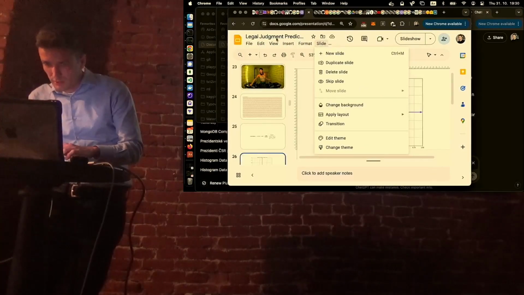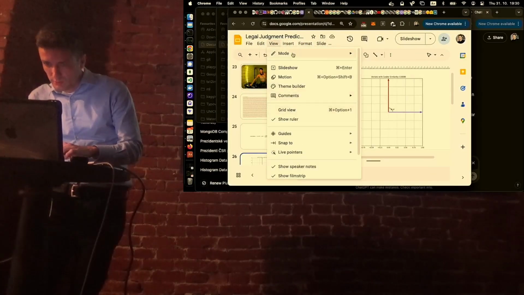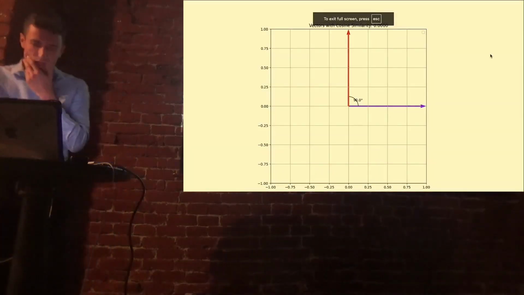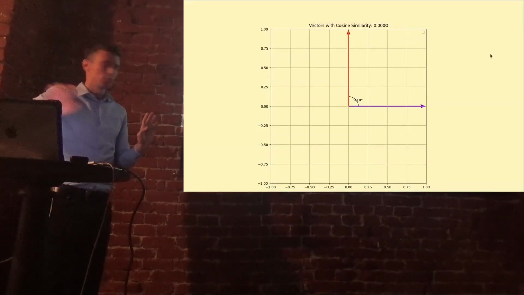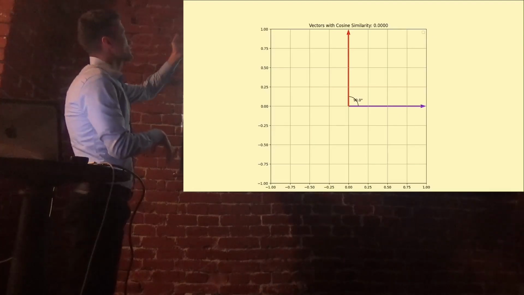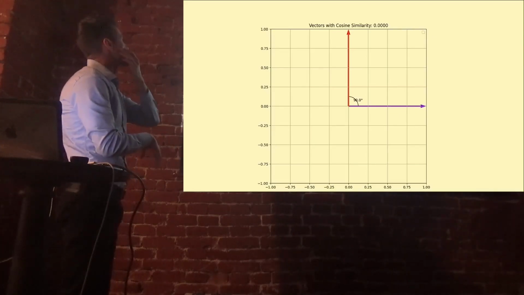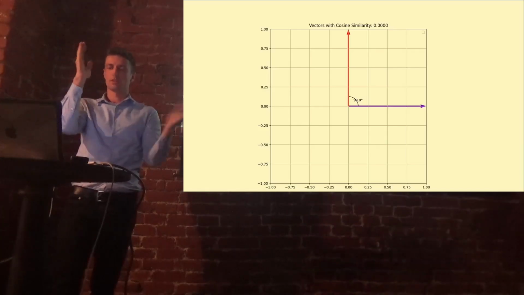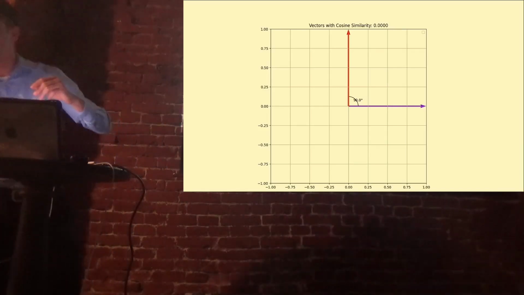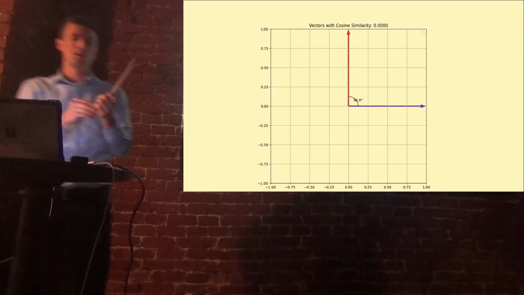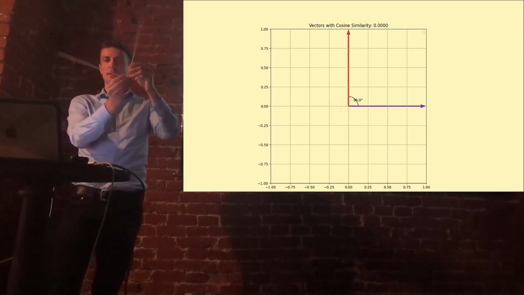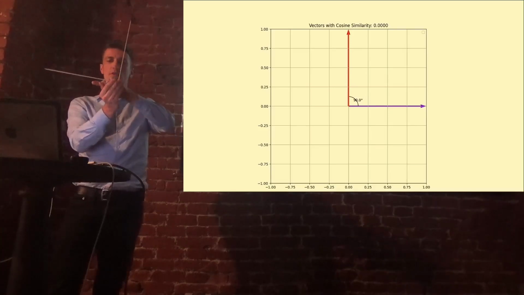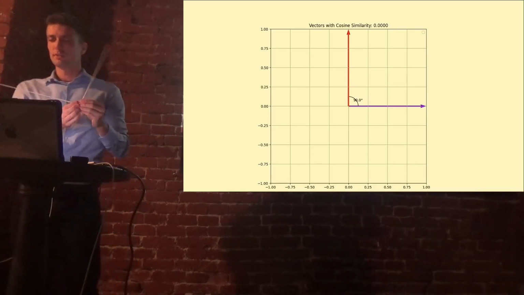View slideshow. Maybe we'll see it. You have to believe me on what's written at the top. The cosine similarity here is 0, basically because these vectors are orthogonal, or perpendicular; in linear algebra you have the fancy word orthogonal.